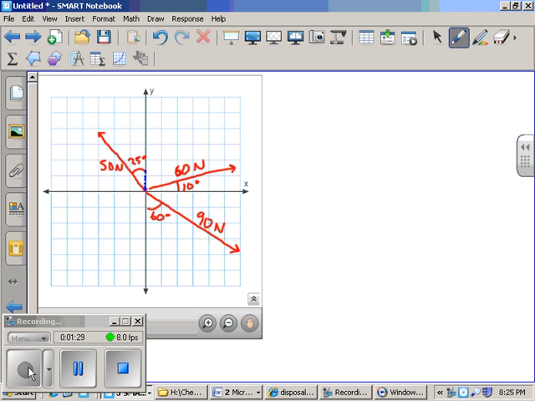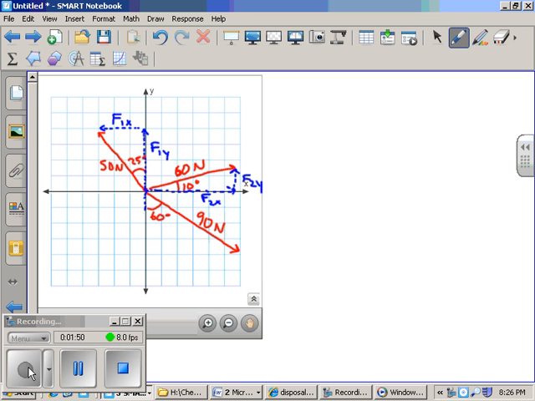So we have here F1y and F1x. Here we have F2x and F2y.